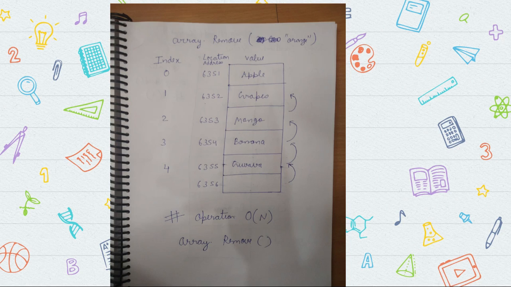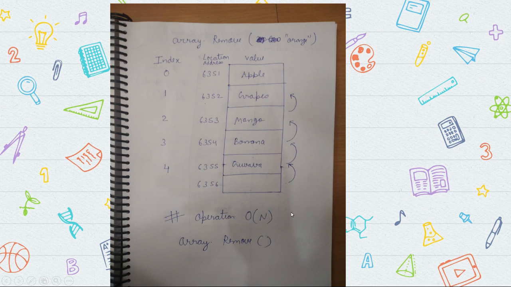We just have to add that element to the continuous memory, that is at the end of the array. So you also see, guys, that I have not traversed to apple. I have only traversed these four elements, but I am writing the time complexity of O of n. This is because we always assume the worst case.